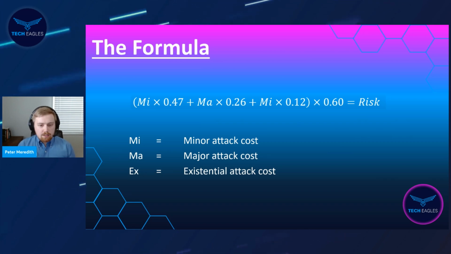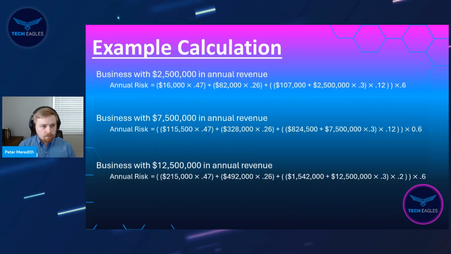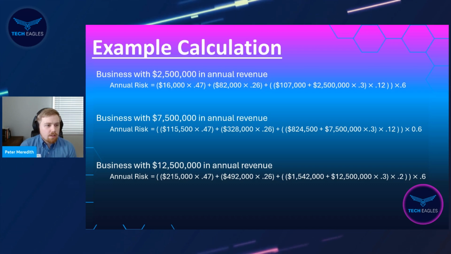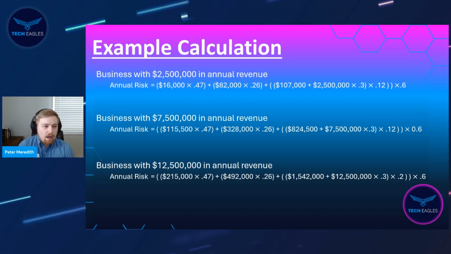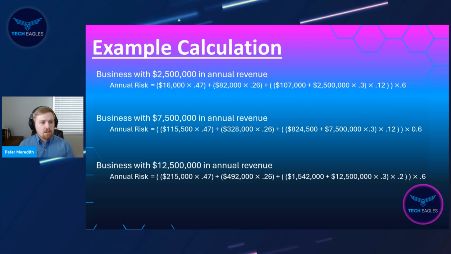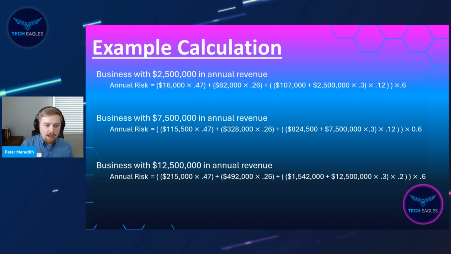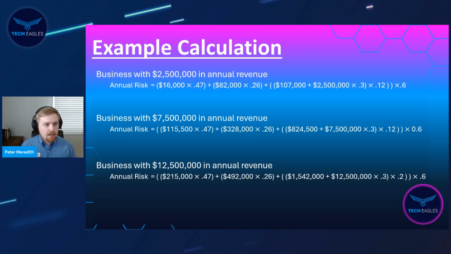So let's look at some examples. If you're a business with $2.5 million in annual revenue, we're going to use the lower portion on those calculations for your annual risk.